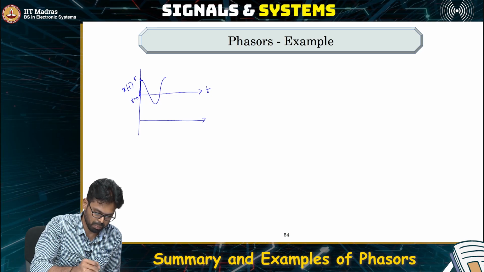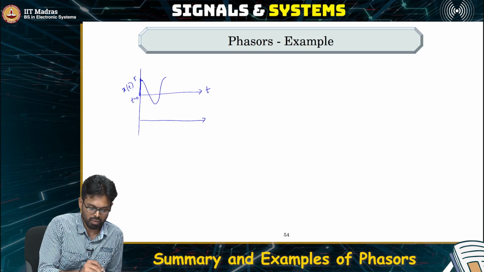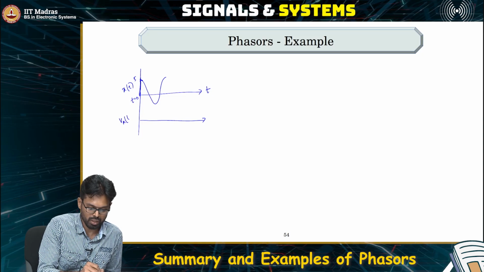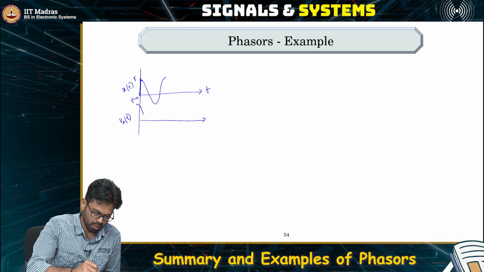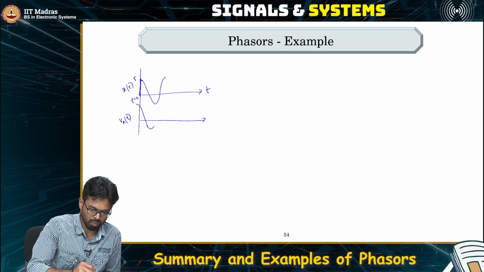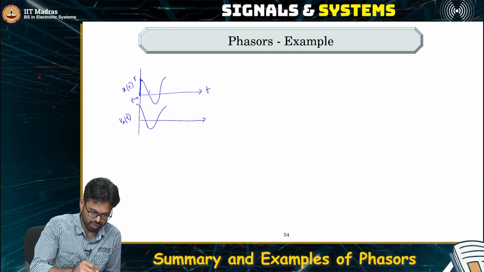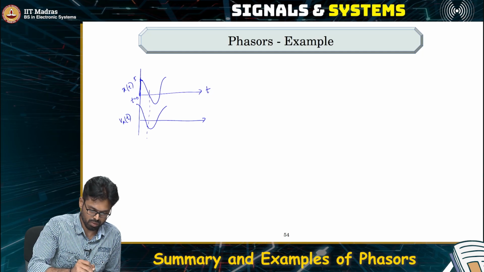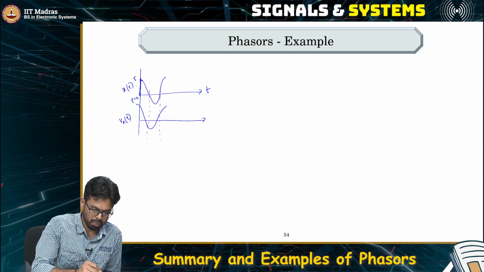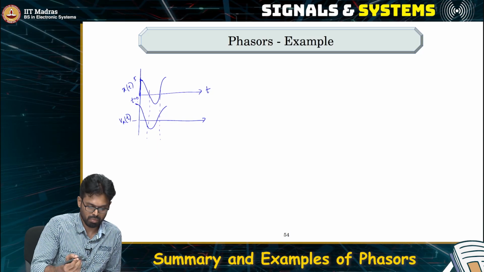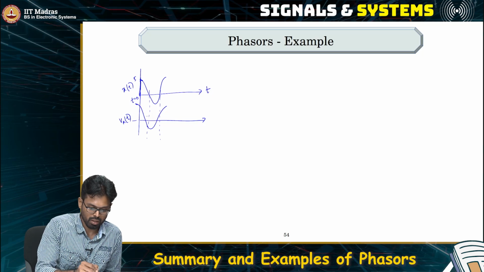So this is the peak, whereas when you are trying to plot VR of t, we'll start somewhere where there is a phase shift. So the peak is somewhere on the negative time.